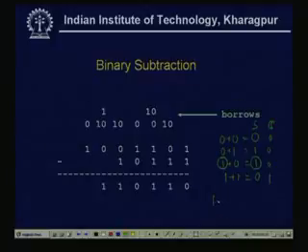So, if I subtract this thing, 1 minus 1 equal to 0. The same thing I have done, 1 minus 1 equal to 0. Now, 0 minus 1: what do we mean by 0 minus 1? That means I have to take this one. So, 0 minus 1 will be 1. The same thing I have done, 0 minus 1 is 1.